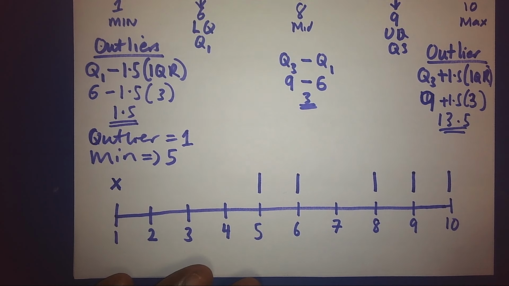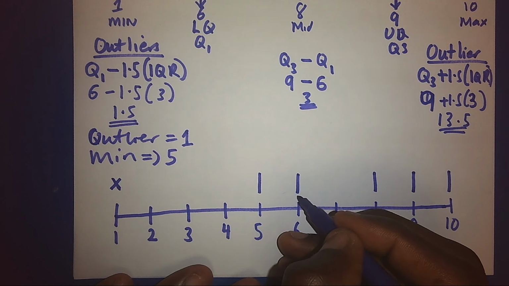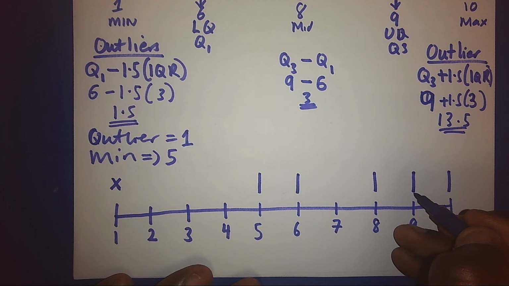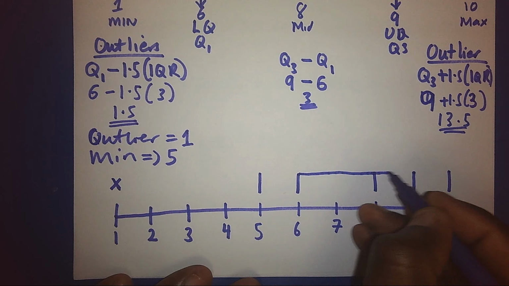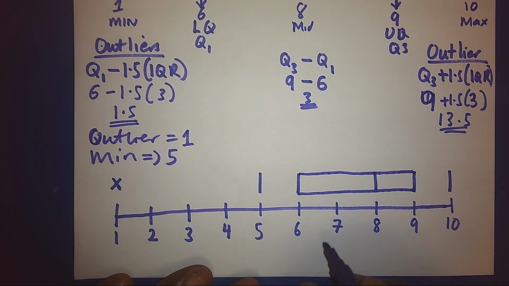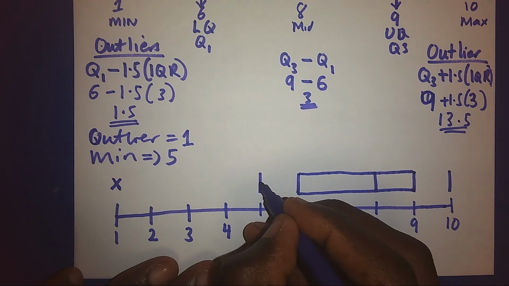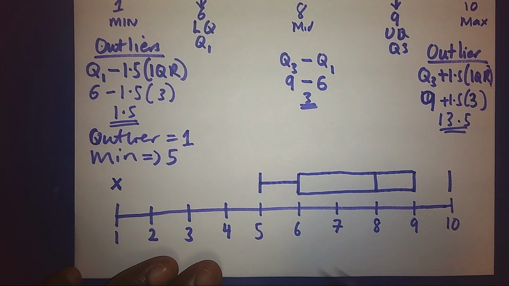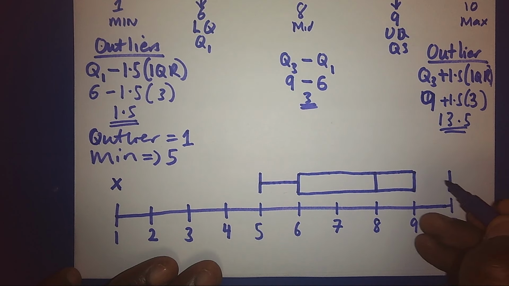But remember, from the lower quartile to the upper quartile constitutes the box. From the lower quartile to our lower value will be our lower whisker. And from our upper quartile to our maximum value will be our upper whisker.